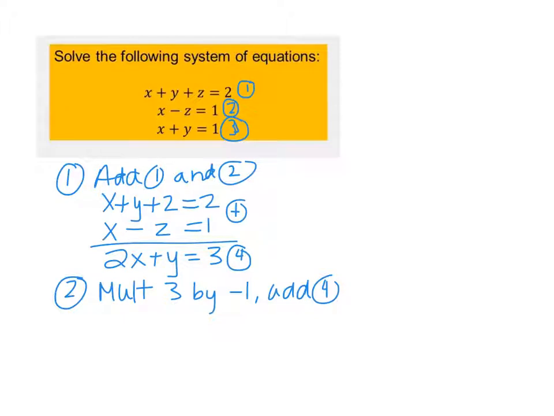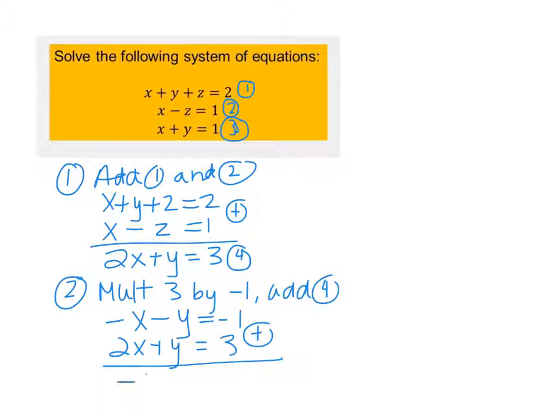So it'll be negative x, negative y equal to negative 1. And I'm going to add that to equation number 4, which was 2x plus y is equal to 3. When I add those two equations together, I will get a negative x, y's will cancel out, is equal to 2, which means that x is equal to 2.